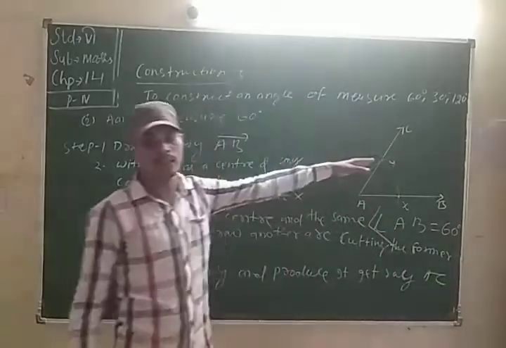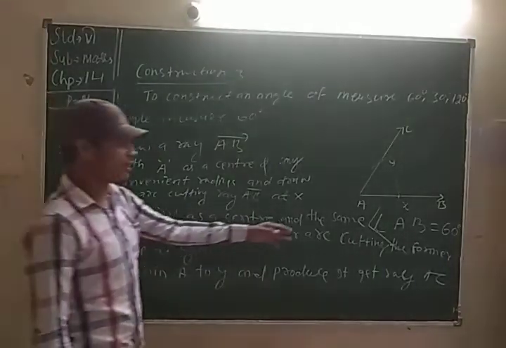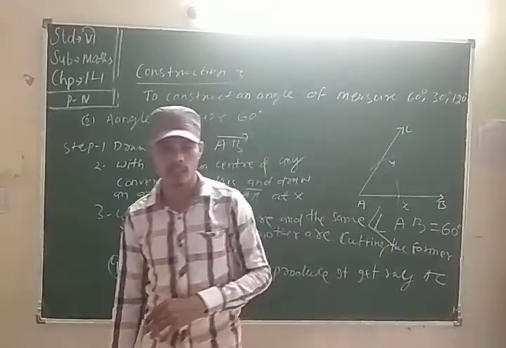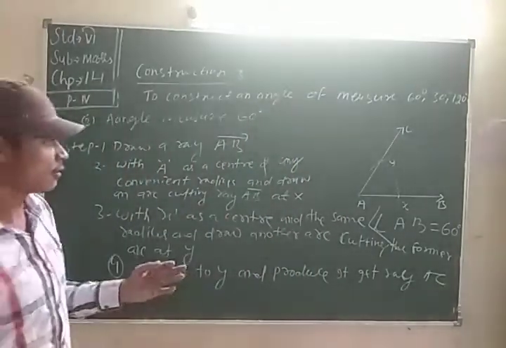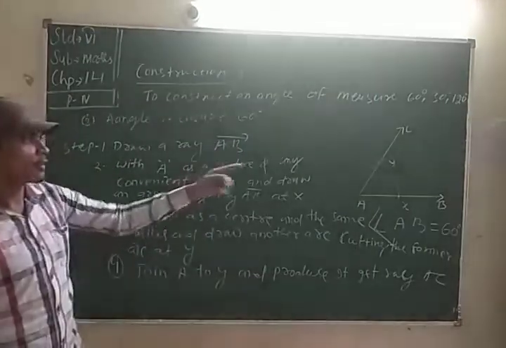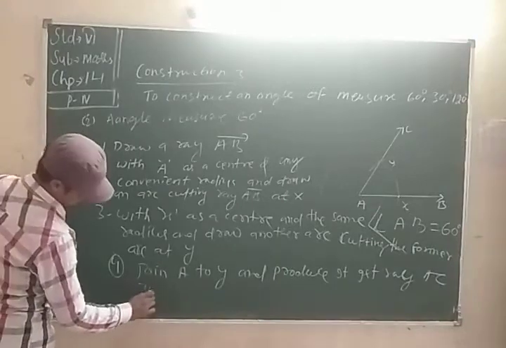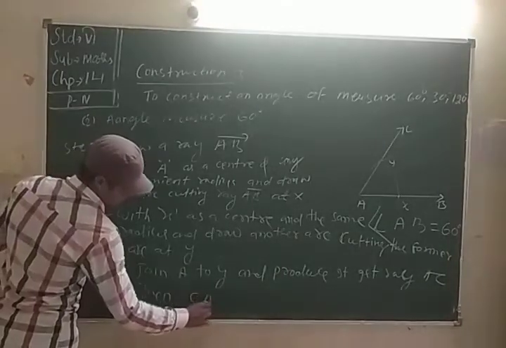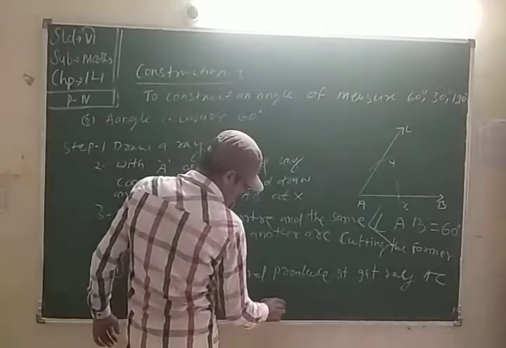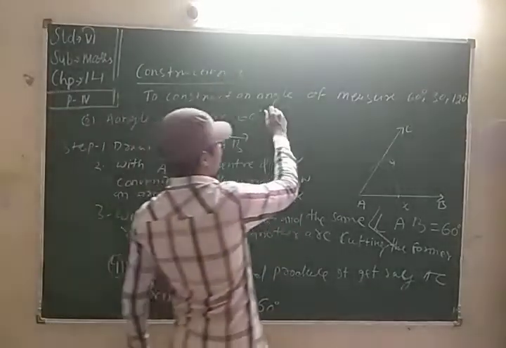AC and OB are the both arms. The produced line gets ray AC. Now we got angle CAB 60 degrees. Then we can say CAB equal to 60 degrees. Clear about it? That is how to construct 60 degrees.